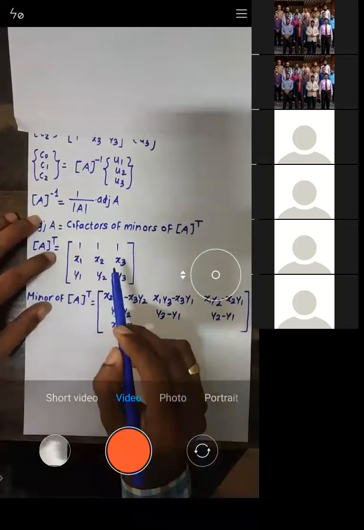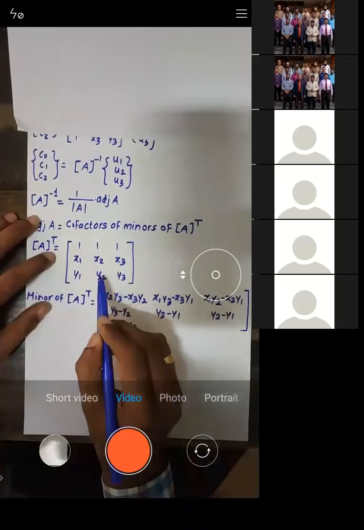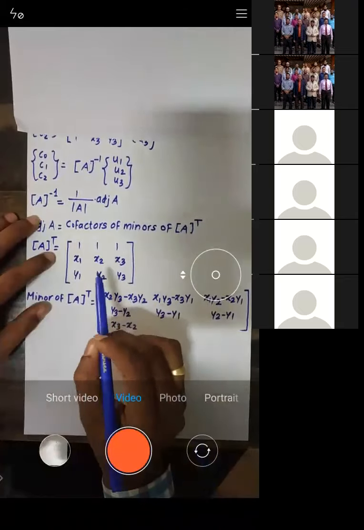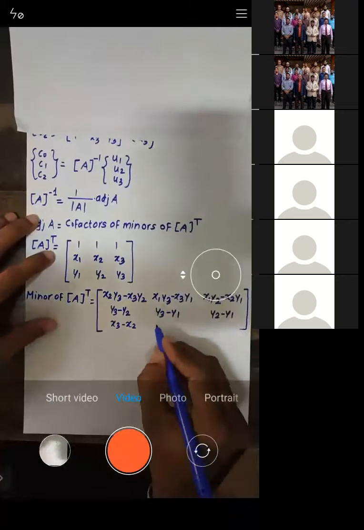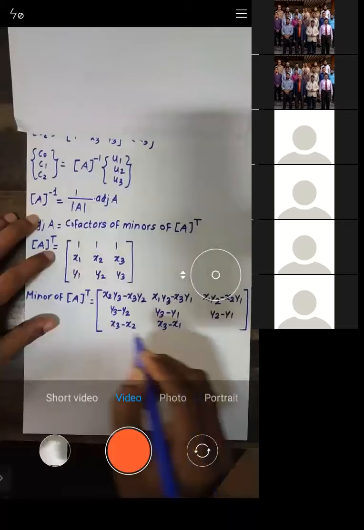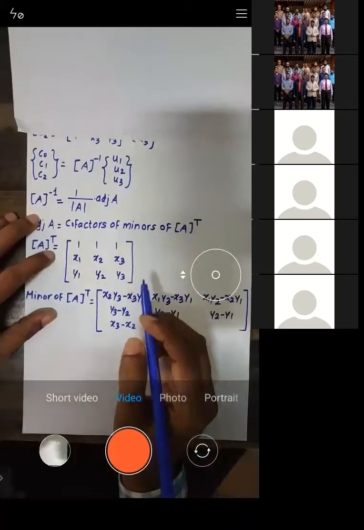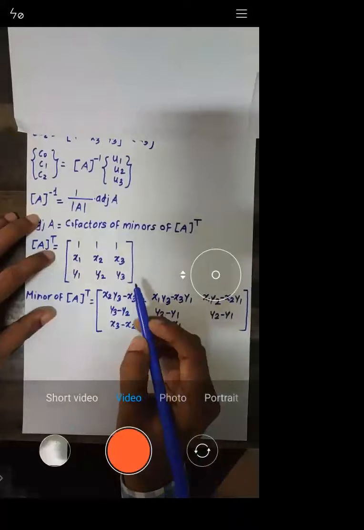For this one, this row and this column gets cancelled. X3 minus x1. And this one is x2 minus x1. Is that okay?